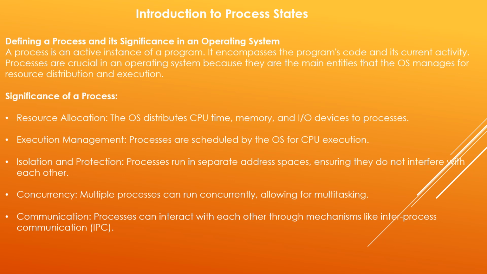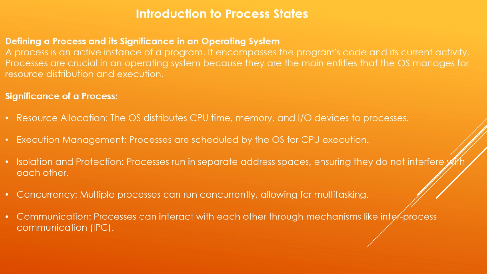Significance of a process. Resource allocation: the OS distributes CPU time, memory, and devices to processes. Execution management: processes are scheduled by the OS for CPU execution. Isolation and protection: processes run in separate address spaces, ensuring they do not interfere with each other.